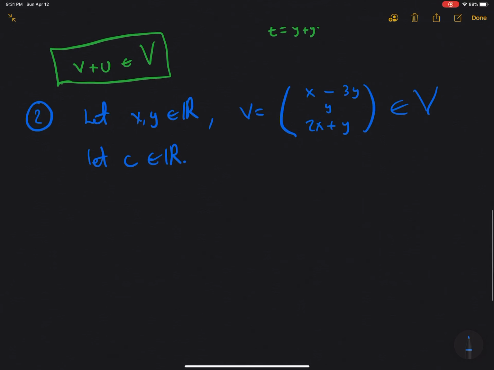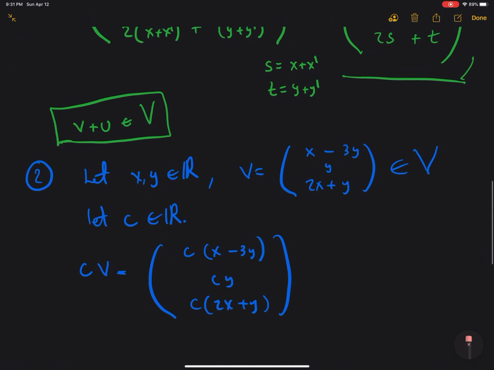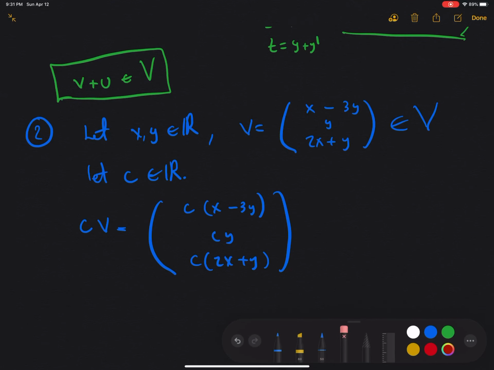So now what we want to show is what happens with c times v. We want to know what happens with this combination. What we need to see is if we can rewrite this vector following the same ideas as before and show that this is an element of the set V.